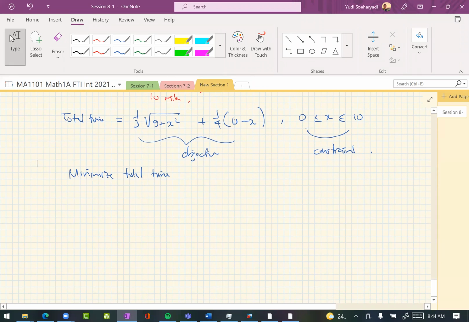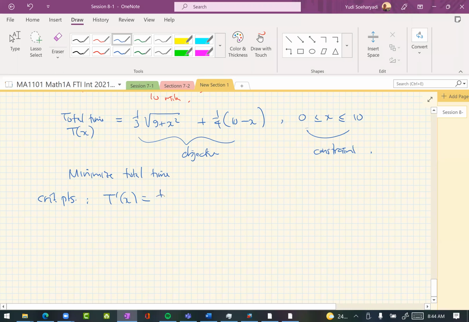Okay, so this is T of x. To minimize total time, you need the derivative and you need to find the critical point. So let's take, this is power 1/2, right?